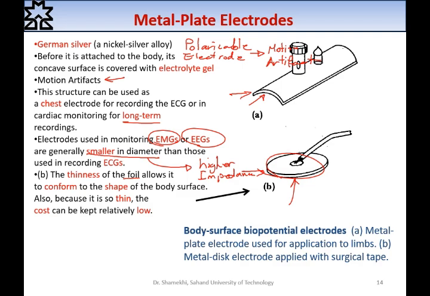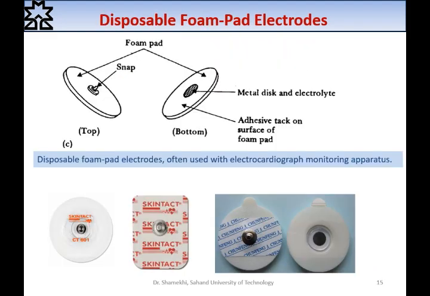Okay, disposable foam pad electrodes are one of the most common electrodes in the field of bioelectric signal recordings. In this slide, as you can see, the top view and the bottom view of this electrode.